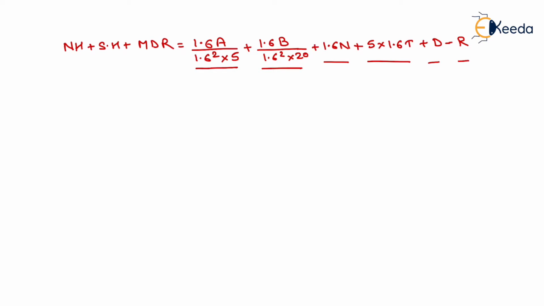Now we have the value of a as 40,000, so we will put the value of a as 40,000 in this equation.